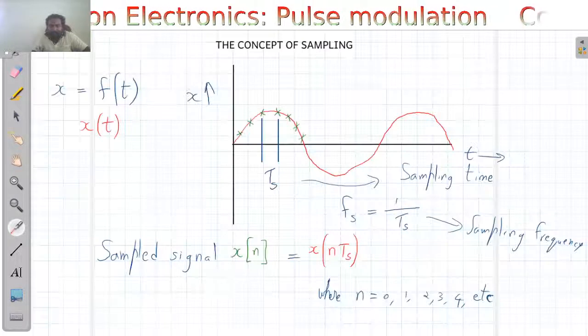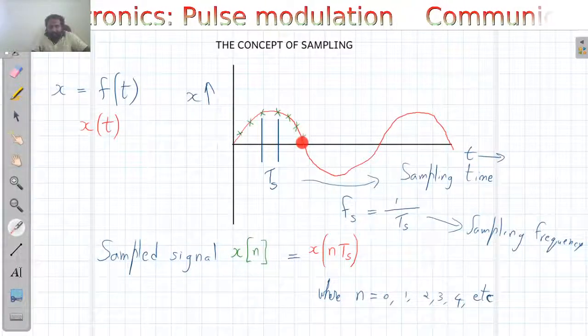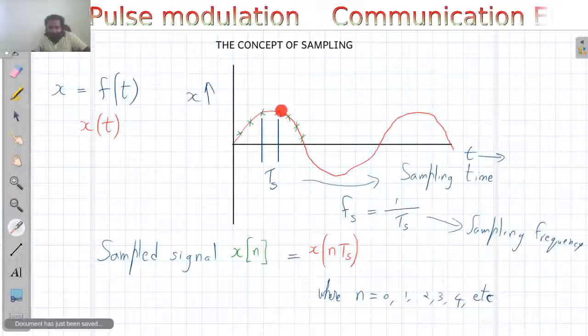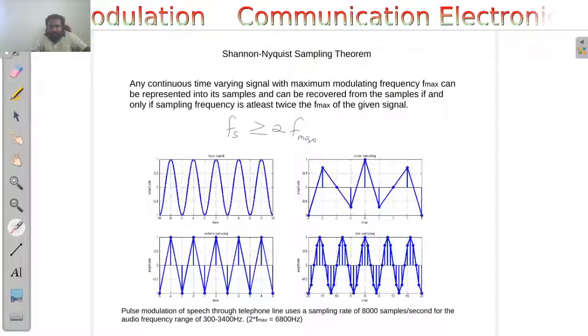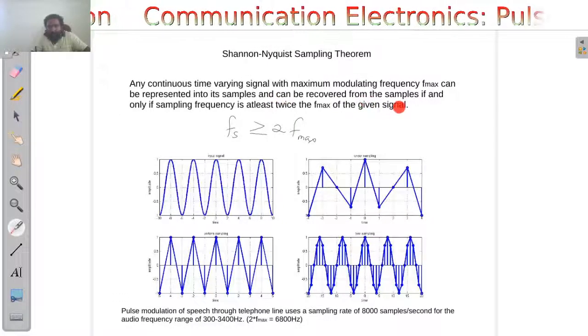As we have seen previously, it can be represented into samples by omitting whatever information is between two adjacent samples. You can have just the samples, and it can be recovered from the samples.